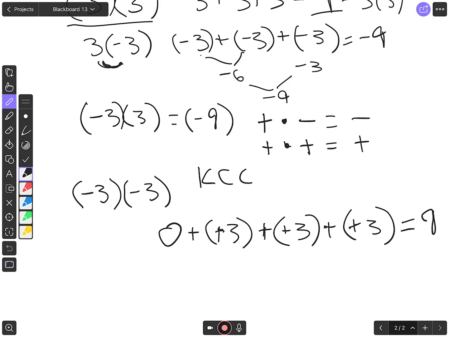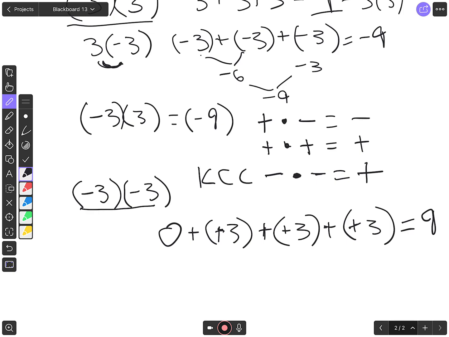Well, that equals 9. So when I multiplied these two negatives, I ended up with a positive. I multiplied a negative times a negative, and I got a positive because I was thinking of it as subtracting -3 3 times.